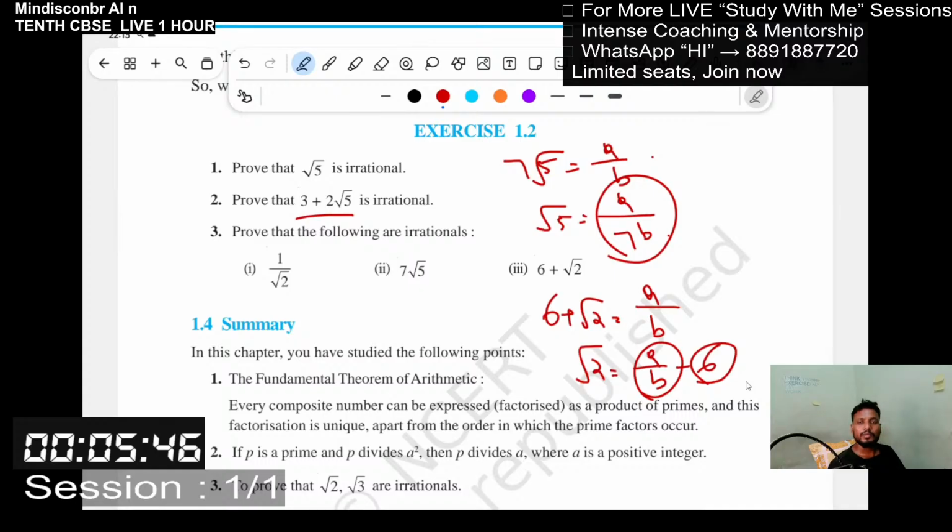So a rational number minus a rational number is a rational number. So this gives that root 2 is also rational. This is wrong because root 2 is irrational. This contradiction occurs due to our wrong assumption that 6 plus root 2 is rational. So our assumption that 6 plus root 2 is rational is wrong. So 6 plus root 2 is irrational.